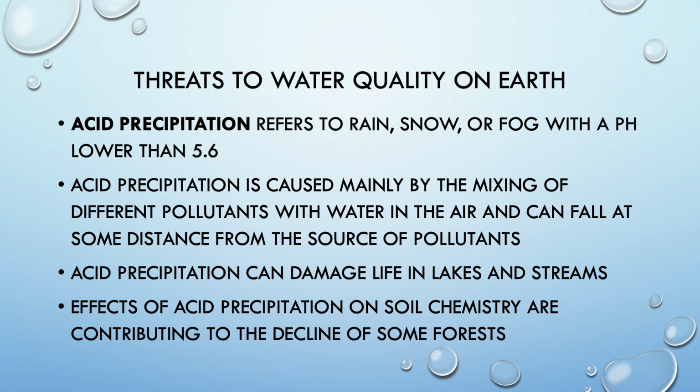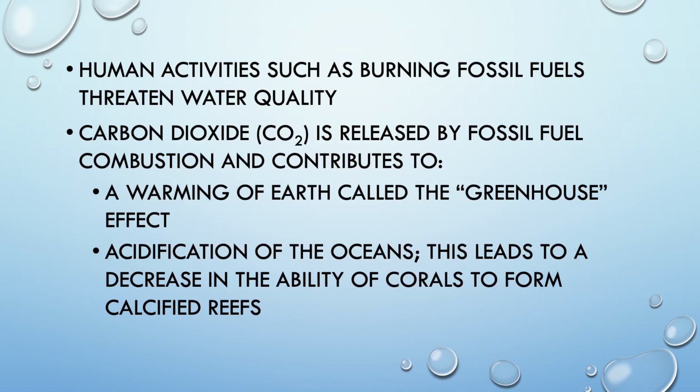Acidic precipitation can cause damage to life in lakes and streams. It affects the soil chemistry, which is going to affect the growth of the forest or any other crops that might be growing in that soil. Human activities such as burning of fossil fuels threaten the water quality.